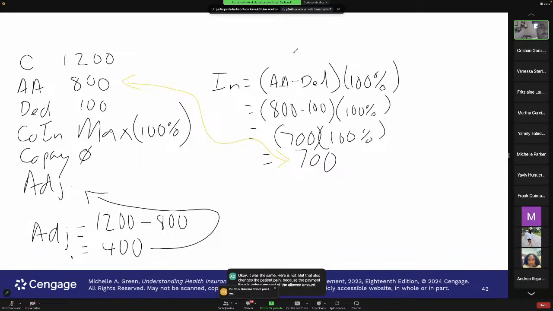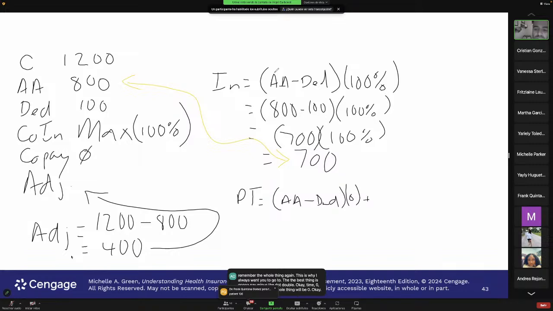For the patient, if you remember the whole thing, and this is why I always want you to go through the motions, the patient is going to pay allowed amount minus deductible, times 0. Perfect. So the whole thing will be 0.